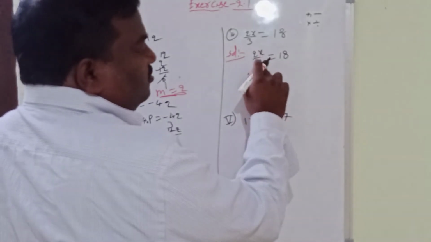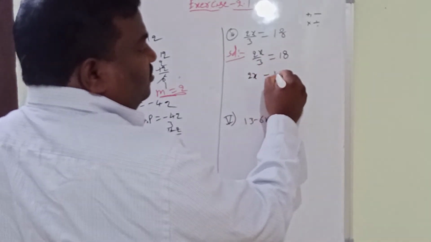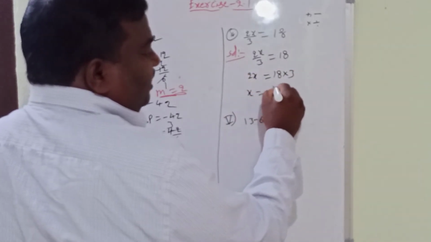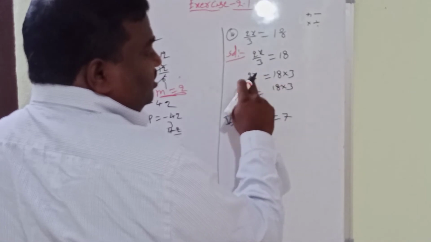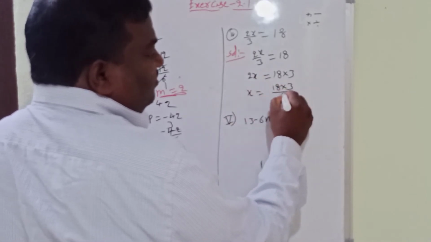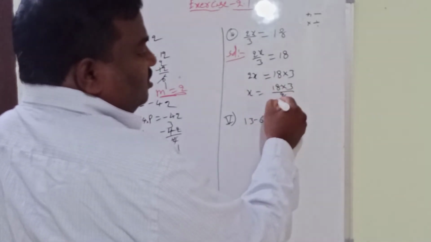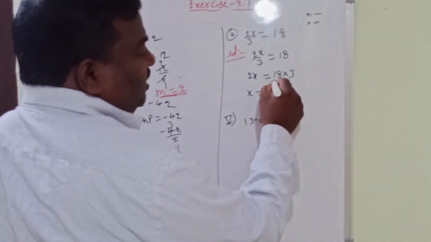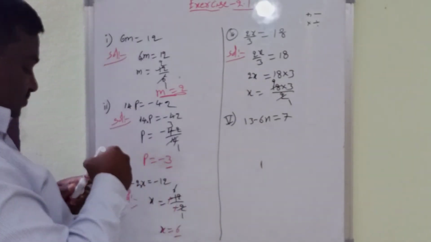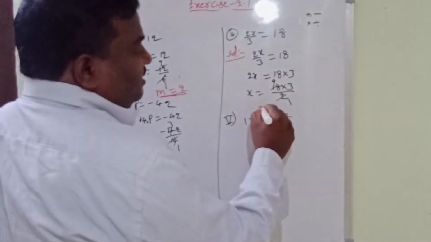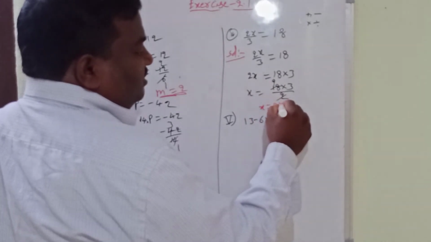So transposing by 3, it will become into 3. Next, 18 into 3, this is into 2, transposing right side, that will become by 2. So we can cancel 2 ones are 2, 2 nines are 18. Or we can cancel after multiplication also. X equal to 9 threes are 27.